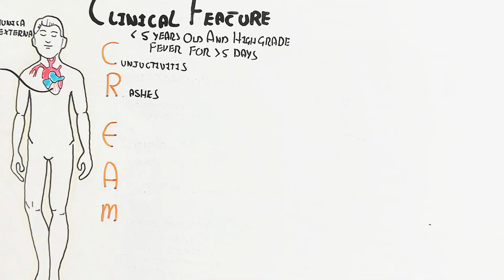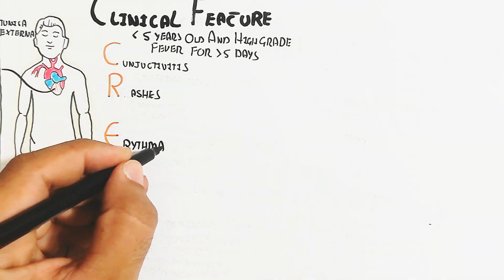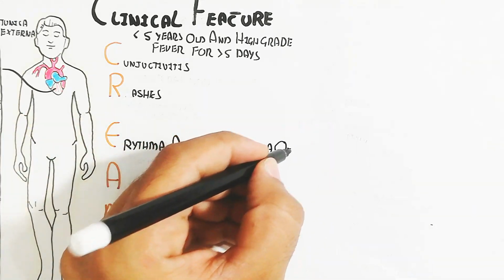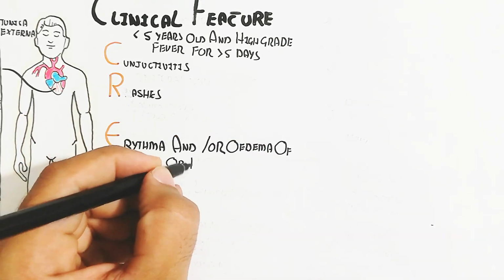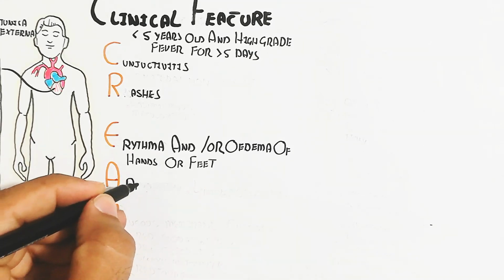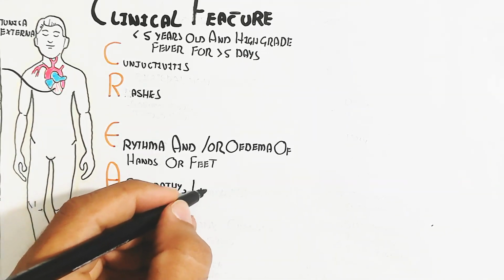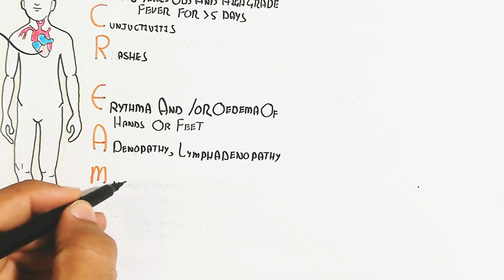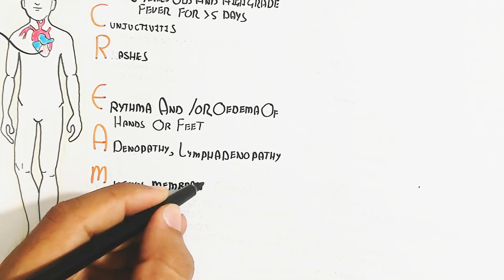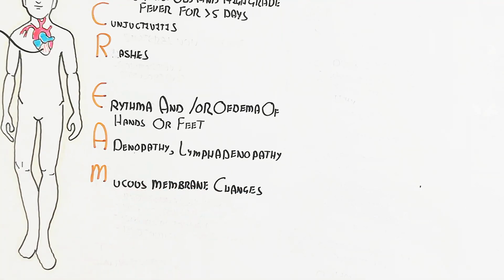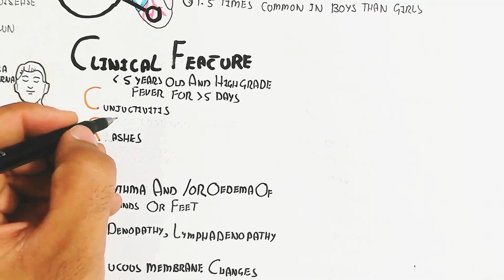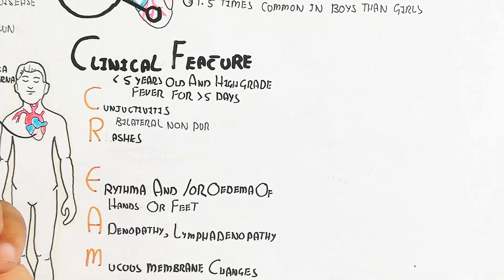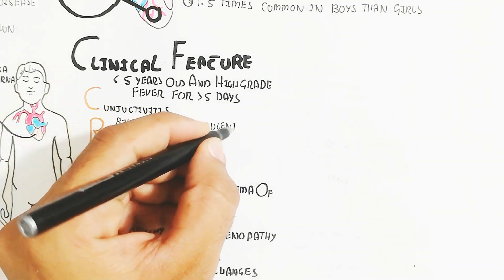CREAM means C for conjunctivitis, bilateral non-purulent, and the rash, polymorphous maculopapular, and erythema and or edema of hands or feet, adenopathy and lymphadenopathy, and mucous membrane changes.